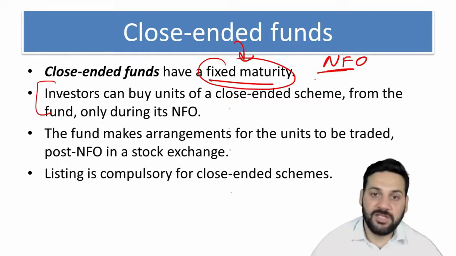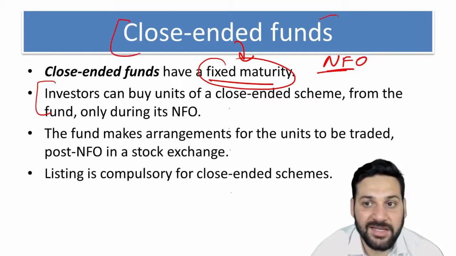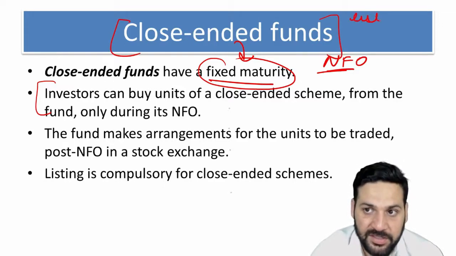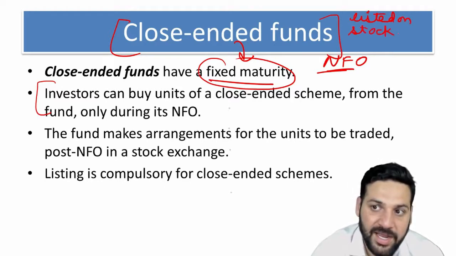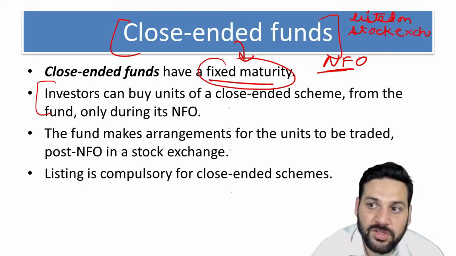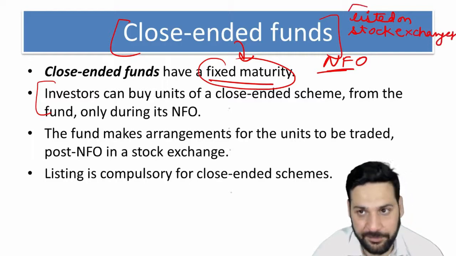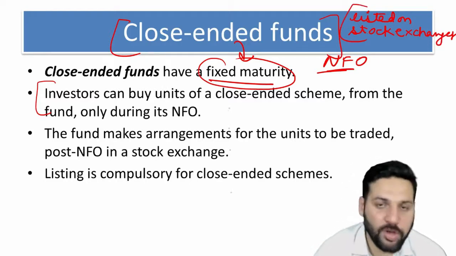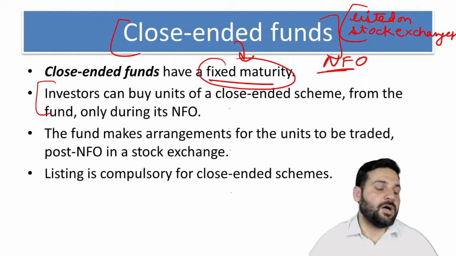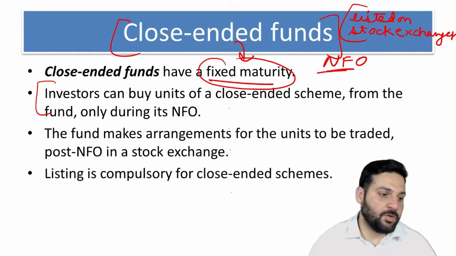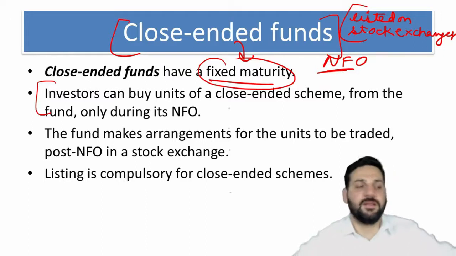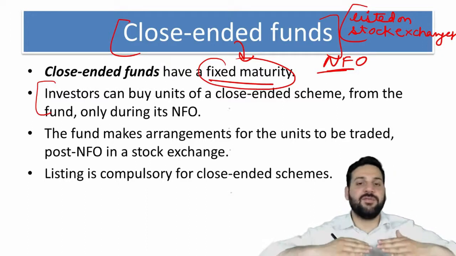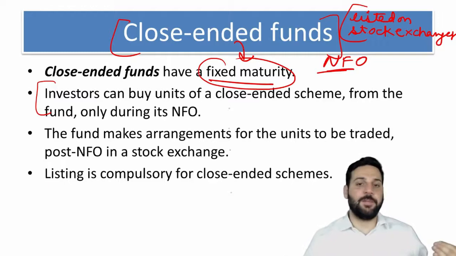But these close-ended funds, they are listed on stock exchanges, and you can go to the stock exchange and then sell them. Of course, if you go to that stock exchange, there will be a gap between the demand and supply.